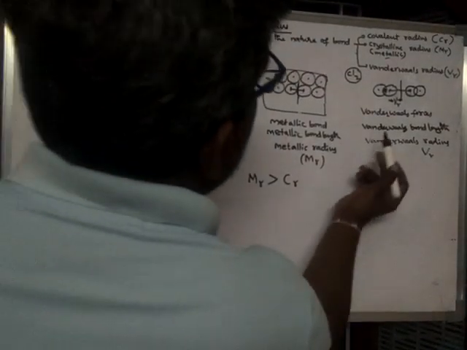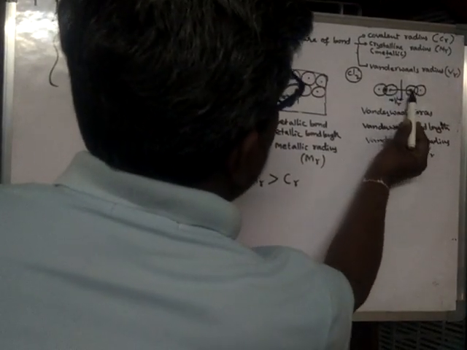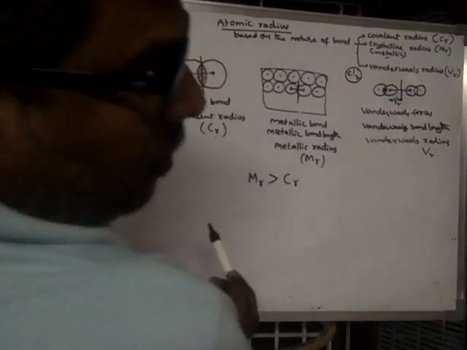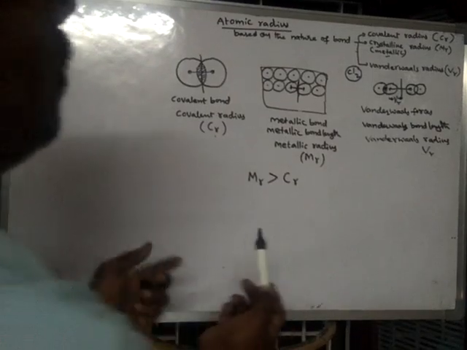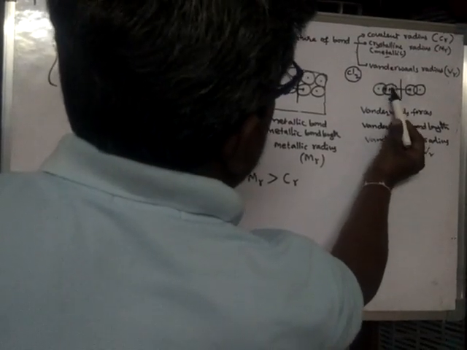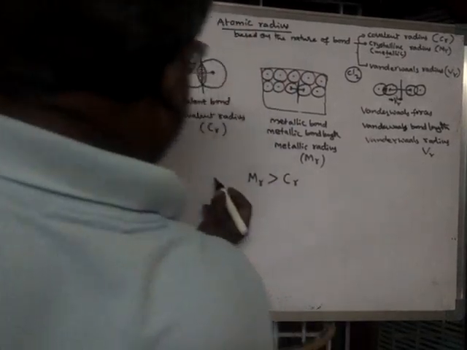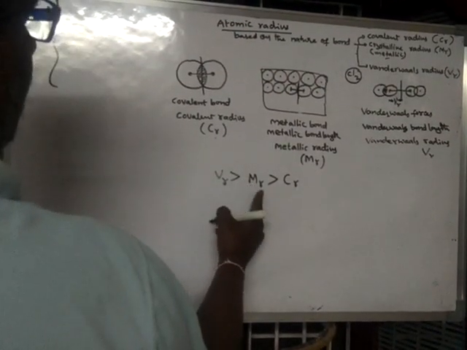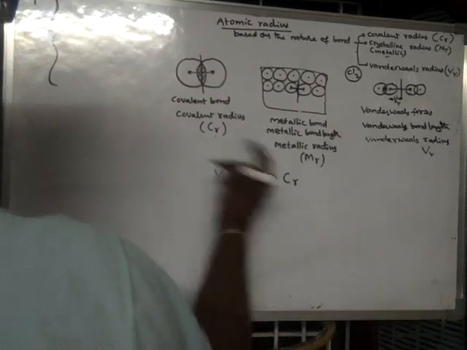So in that case, if you calculate the bond length, it will be more. As the bond length is more, the radius also will be more. That means Van der Waals radius will be greater than metallic radius, which is greater than covalent radius.